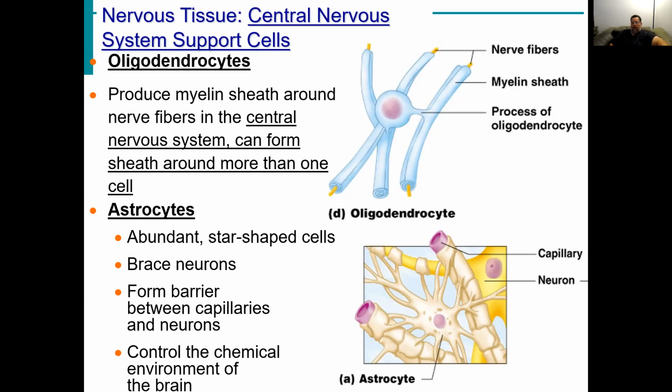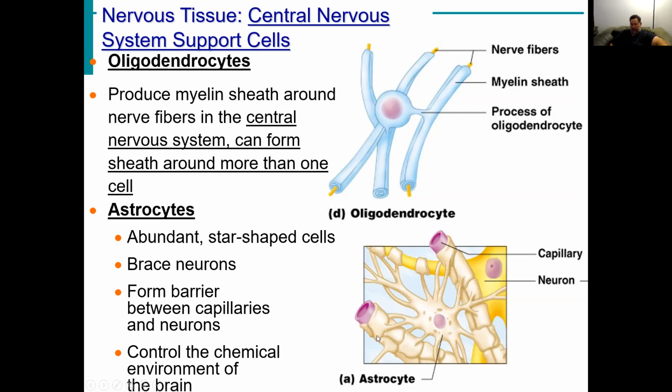Now, the astrocytes are another group of glial cells that we find particularly in the brain. And they have an important role in forming the blood-brain barrier. So the astrocytes will actually surround capillaries, blood capillaries.